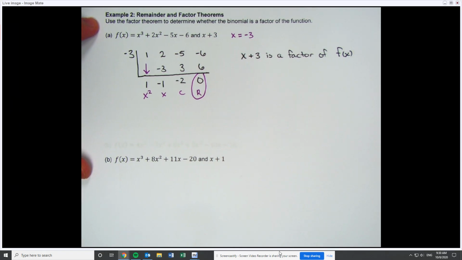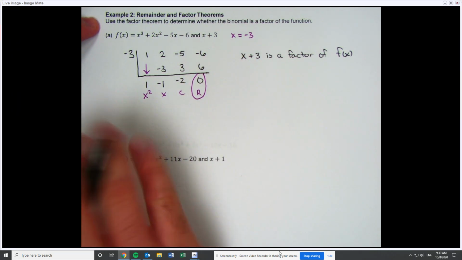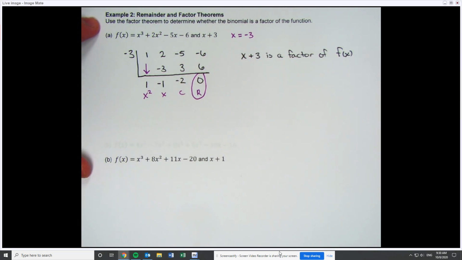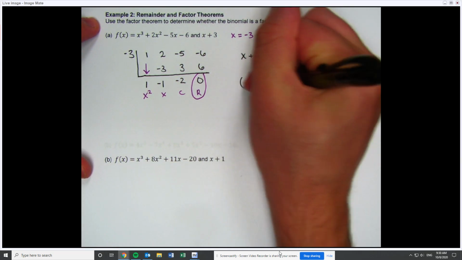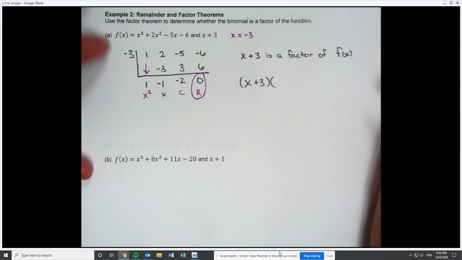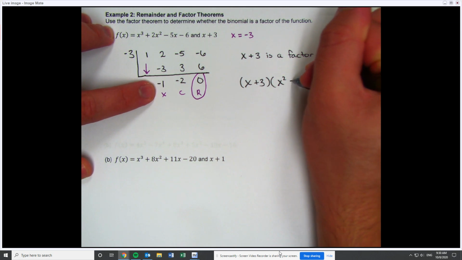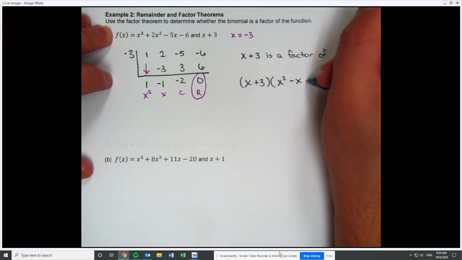That's how you test. If the remainder is 0, then what you divided by is a factor. Now, if you're not sure what that even means, this is what I'm talking about. I would have x plus 3 right here, and then I would have 1x squared minus 1x minus 2.